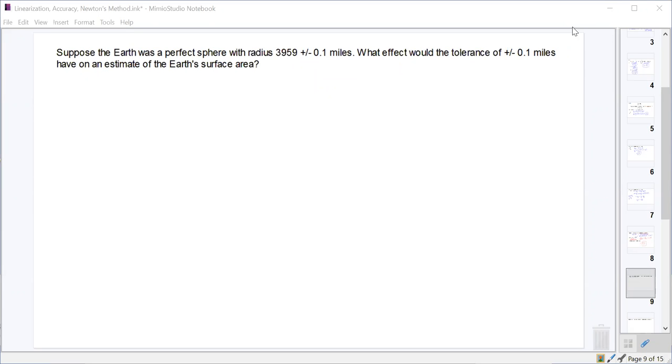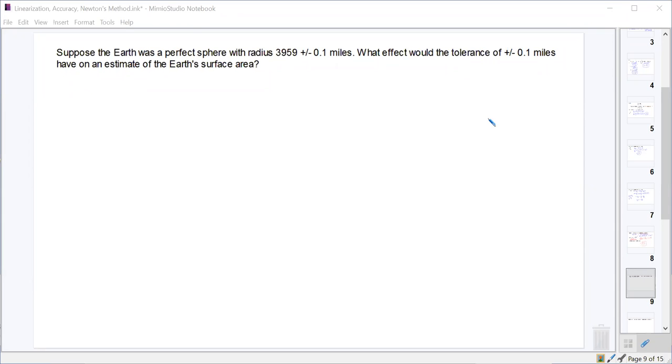So we've measured the radius of the Earth to be 3,959 miles, but we think that perhaps we might have been off by 0.1 mile, either positively or negatively. And so we want to know what kind of effect that might have on a measurement of the surface area of the Earth. So how does missing the radius by 1/10 of a mile affect the surface area, or about how much does it affect it?